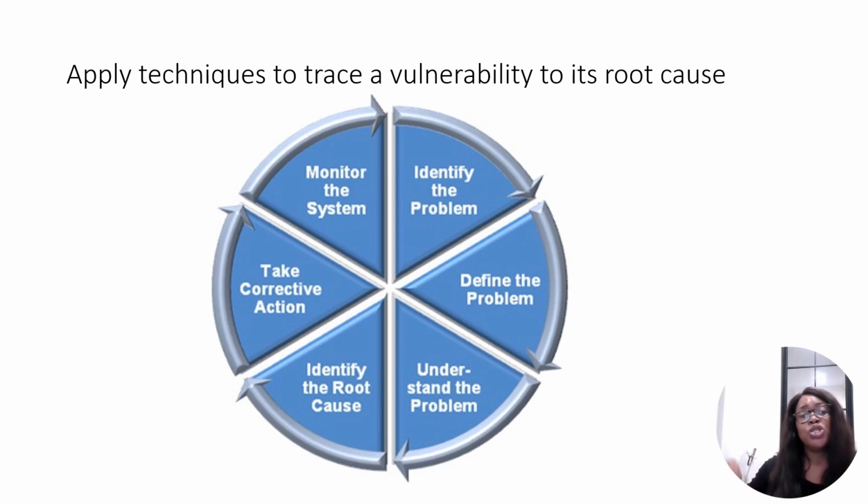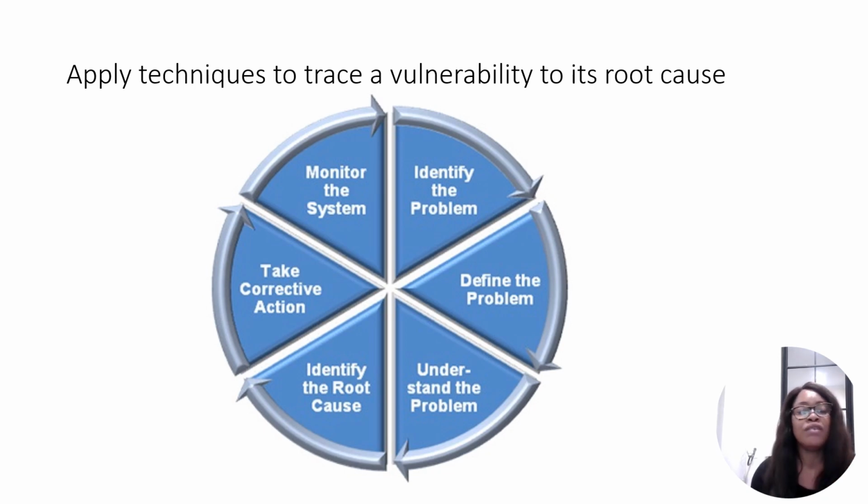So penetration testing involves simulating a real-world attack on a system or network to identify weaknesses and vulnerabilities. In order to identify the root cause of a vulnerability, various techniques can be employed to trace its origin.